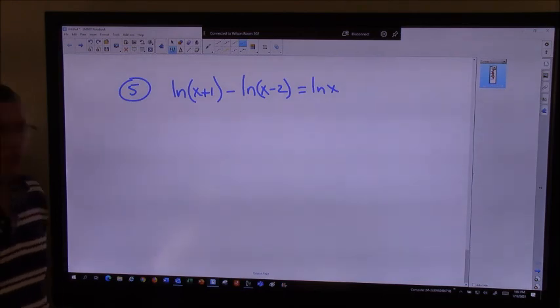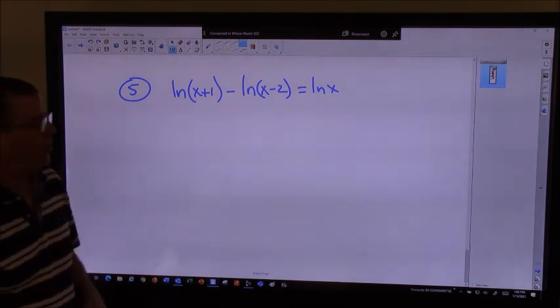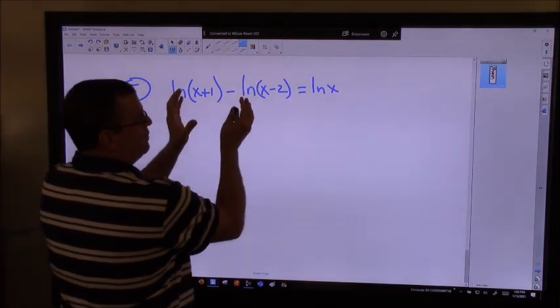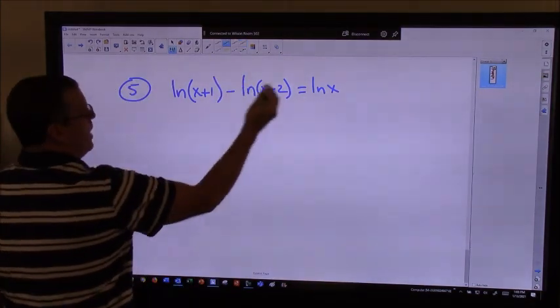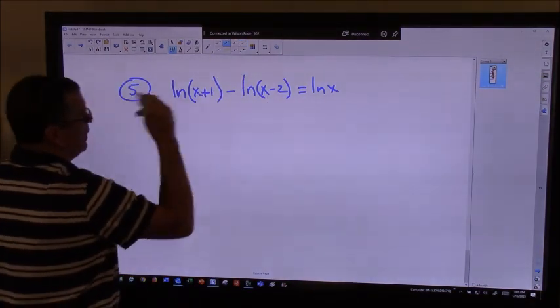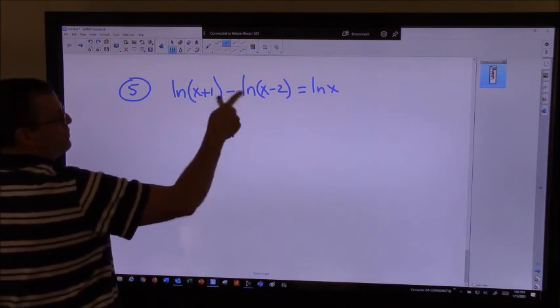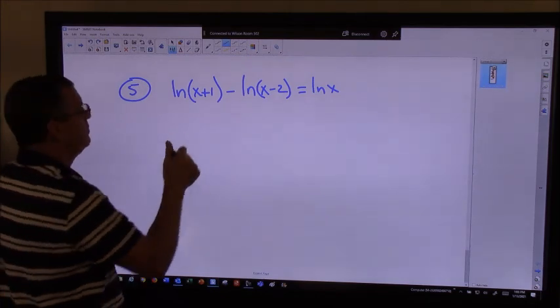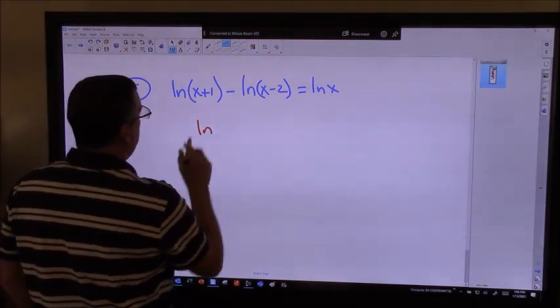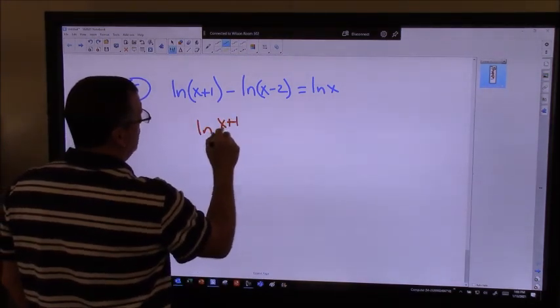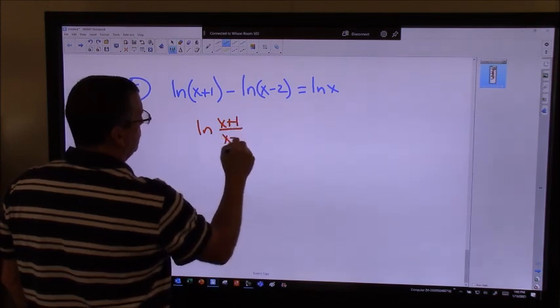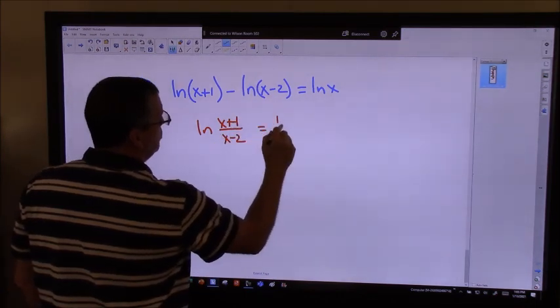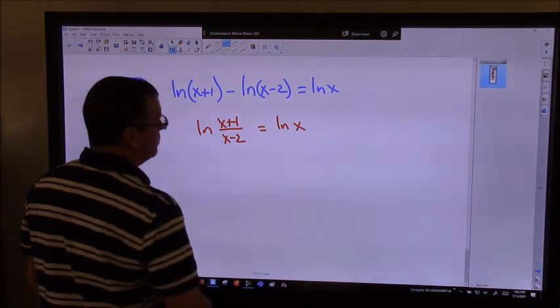All right, so to use the one-to-one property, I've got to get to the point where I've got one natural log on one side and one on the other. So I have to condense these, okay? And this time we're subtracting with exponents. That happens with division. So I would say a natural log of x plus 1 over x minus 2 is equal to a natural log of x.